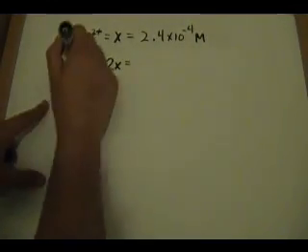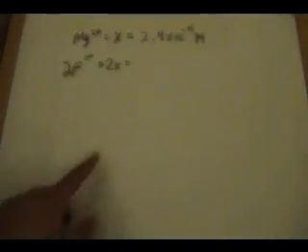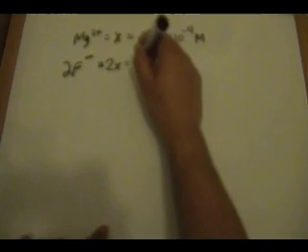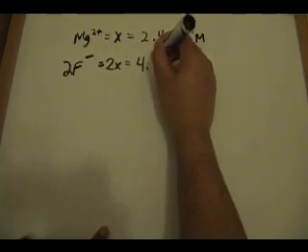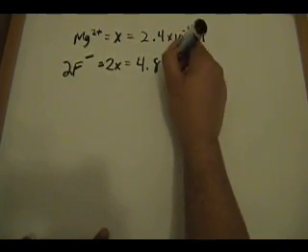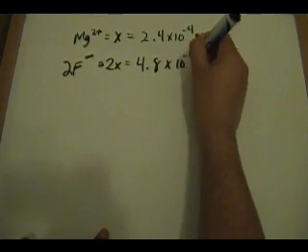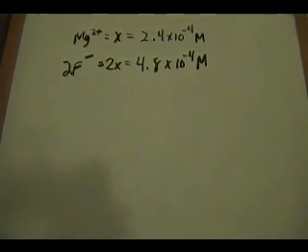Since fluorine was 2X, because the fluorine had a 2 in front of it, it will be 2 times that, so I would say it was 4.7 or 4.8 times 10 to the negative 4 molar. Okay, so now this is specifically tied to the molar solubility, and what the molar solubility is asking.